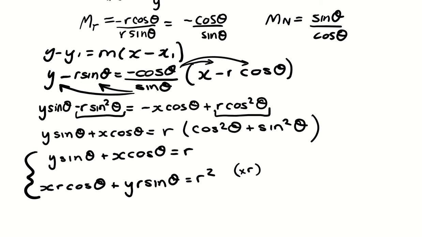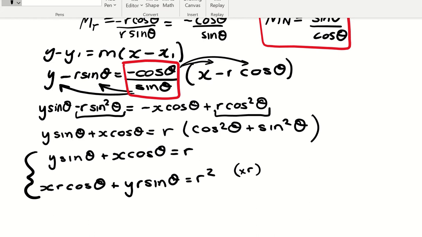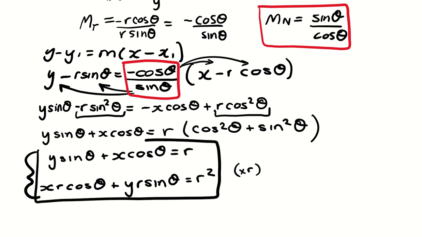If you were doing the normal, all you would be doing is substituting in your value for your gradient of your normal in where the gradient was and doing the exact same process. So there we have it. Either one of those is fine, and it's the equation of our tangent to the circle in parametric form.